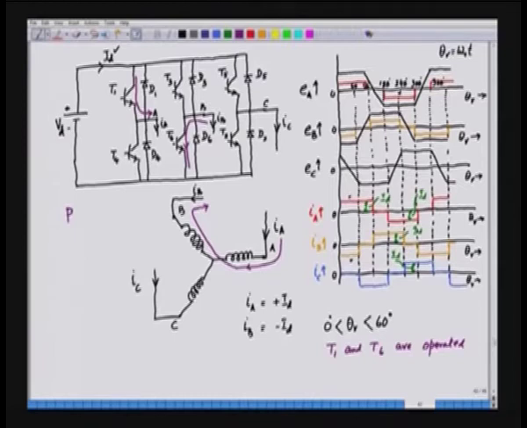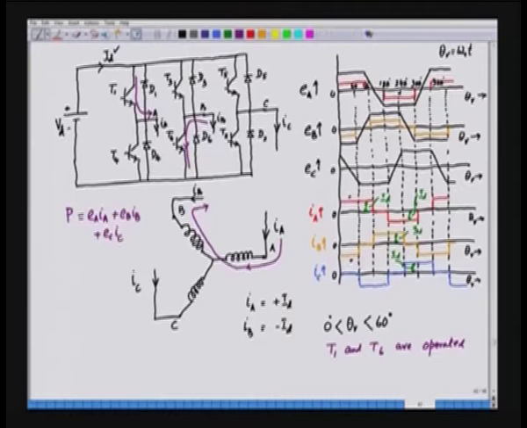So, in fact, we can see that P is equal to EAIA plus EBIB plus ECIC.